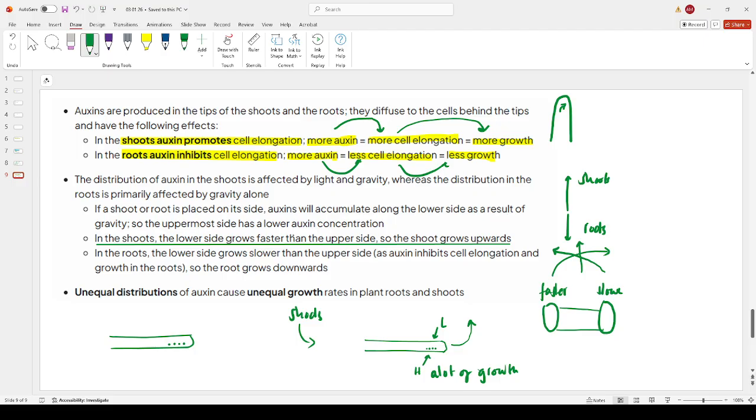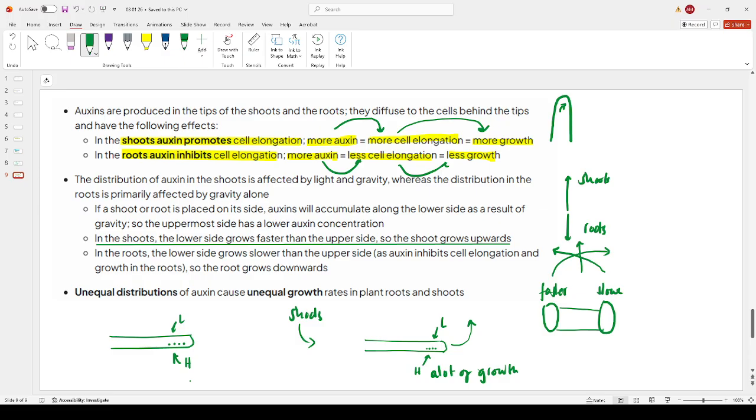So the uppermost side will have a lower concentration. So this is lower, this is higher. Are you guys understanding this diagram? In the roots, the lower side grows slower. Now, why does the lower side grow slower, even though the auxins are here? Let's see if we can answer that question.